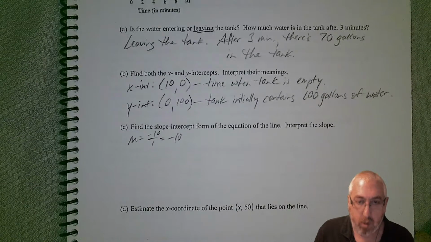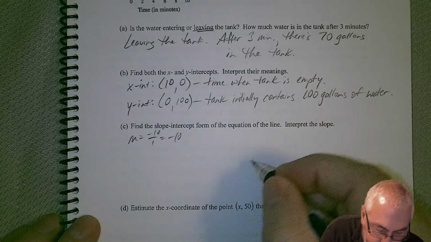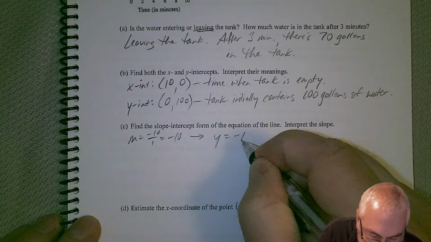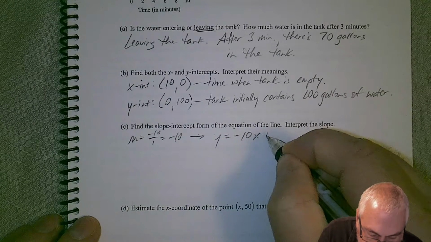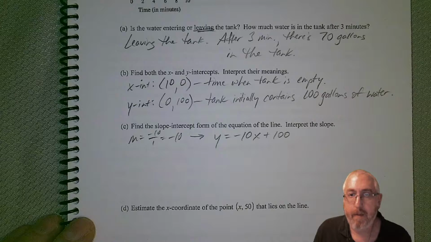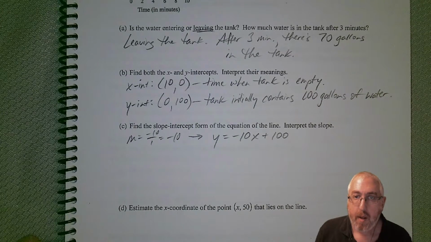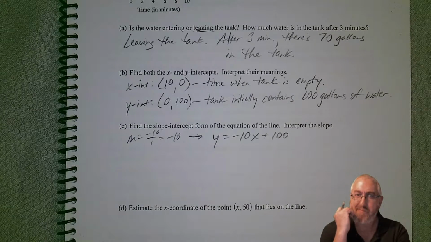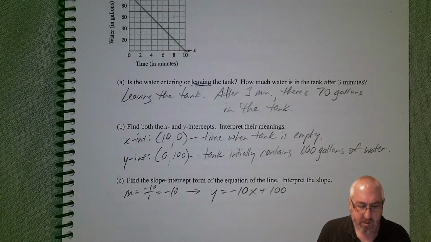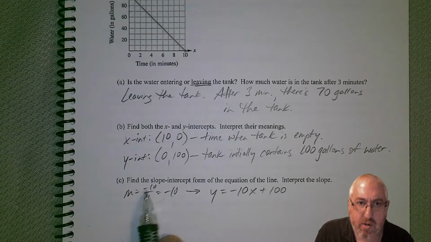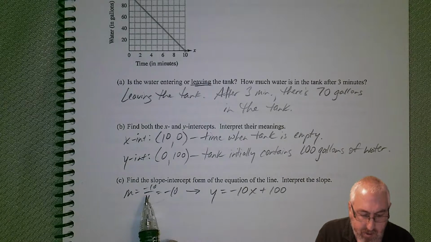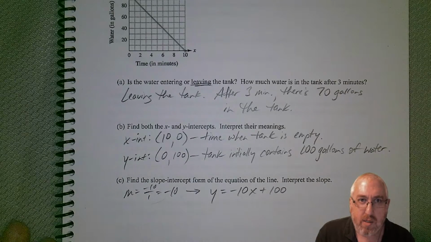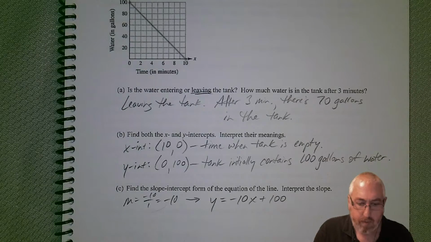So now we have the slope and the y-intercept. So we should be able to quickly say y equals -10x plus 100. But now, how do we interpret the slope? What do they mean by that? Let's think about what we got here. It says -10 over 1. Think of that in terms of the units.